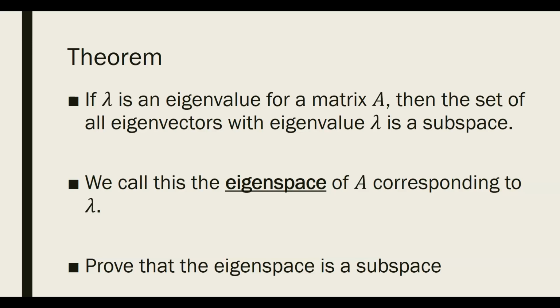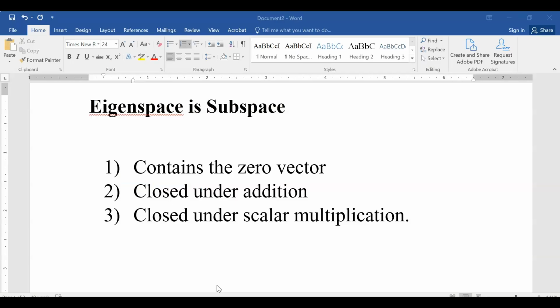Let me prove to you that the eigenspace is in fact a subspace. In order to show that the eigenspace is a subspace, we're going to need to show the three properties of a subspace. First, that it contains the zero vector. Second, that our set is closed under addition. And third, that it is closed under scalar multiplication.